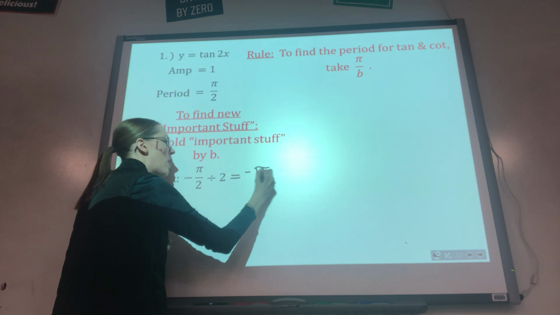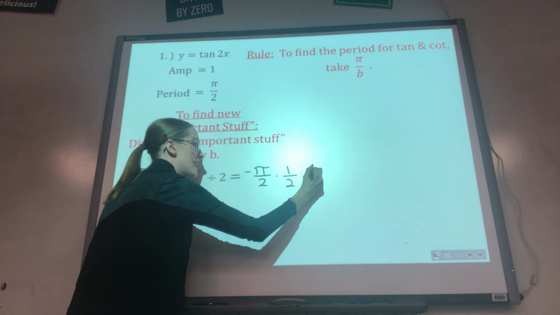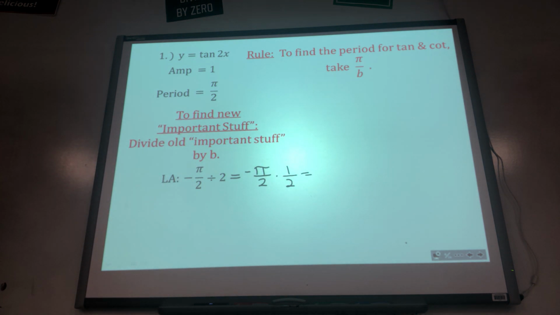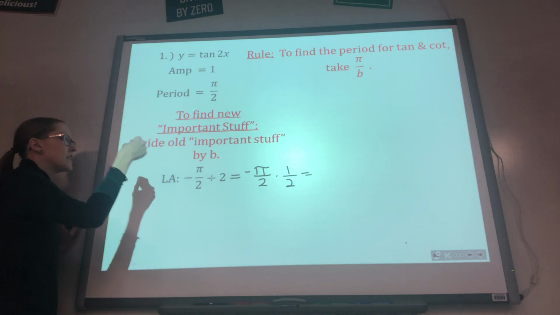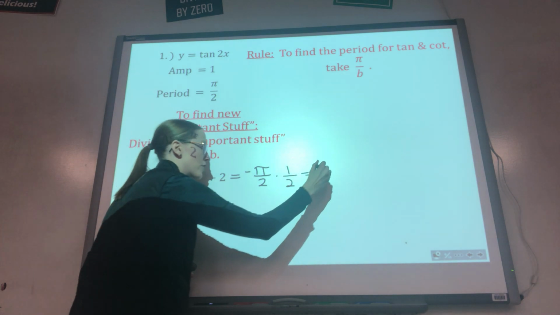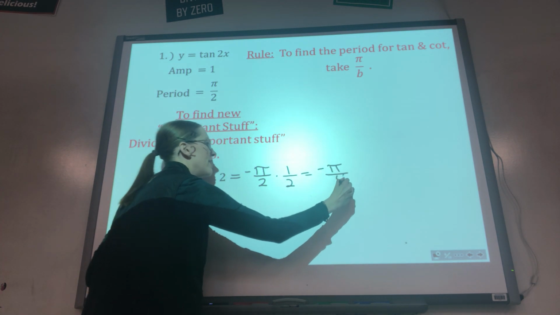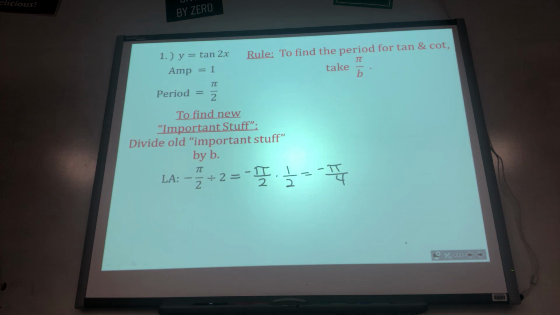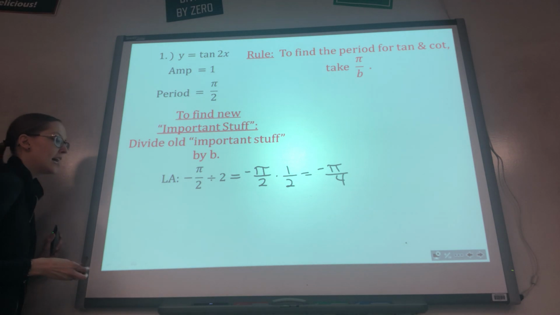Now this is going to require a good old keep change flip to figure out what that actually is. So it's like taking negative pi over 2 times 1 over 2, and that would simplify to negative pi over 4. That's where your new left asymptote will be, negative pi over 4.